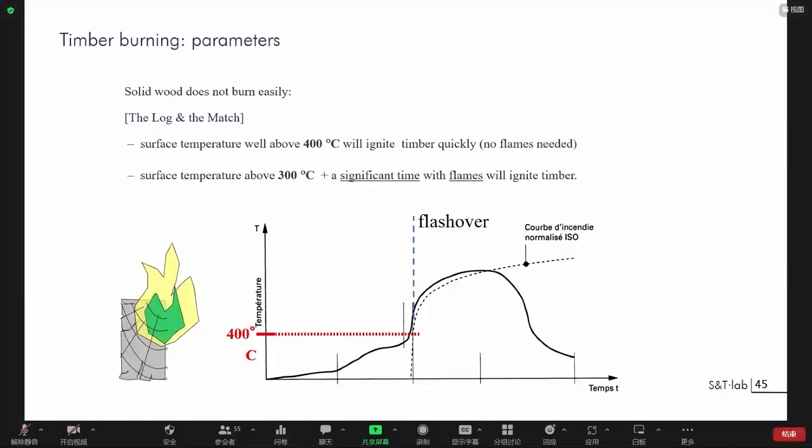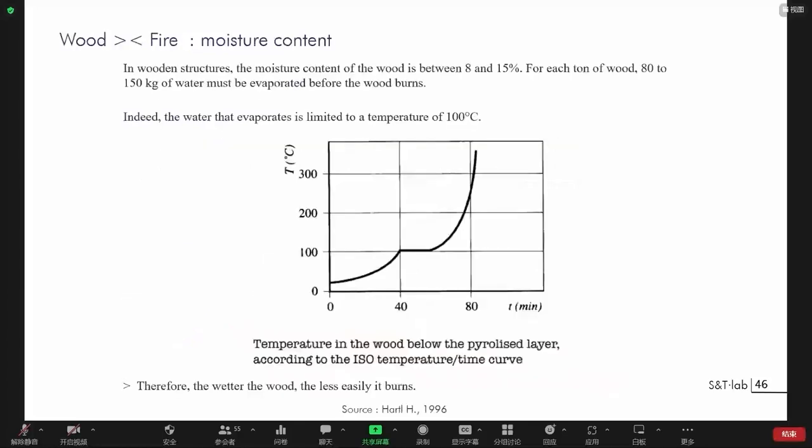If you have more time, you can set fire at a temperature lower than 400 degrees. If you have a long time to apply this fire on timber, and also if you have flames that will be put on the material, even with a lower temperature, but it will take a long time. So keep in mind 400 degrees if you want to set fire in quite a short time.